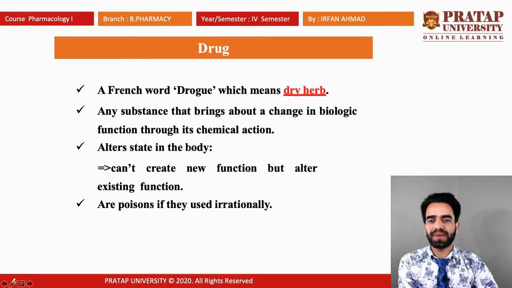It is used as a medicine in low concentrations. But if we use alprazolam continuously, for example, if we have to take one alprazolam at bedtime and we take 3 to 4, that will turn it into a poison, because we are using it in overdose. So overdose of any drug will make it a poison.